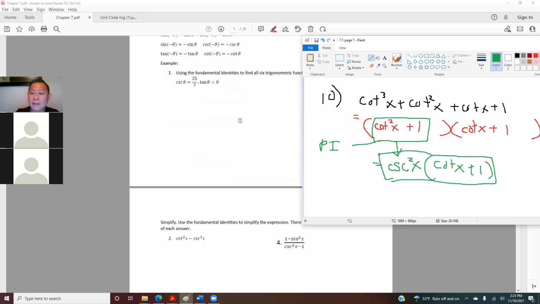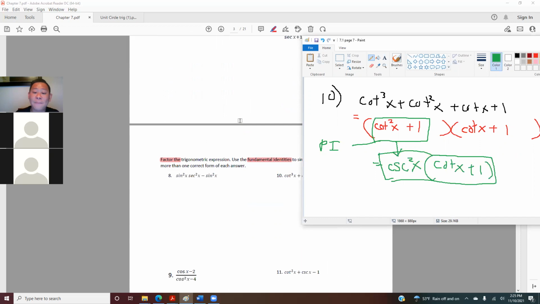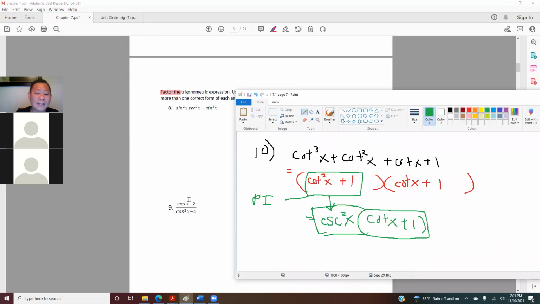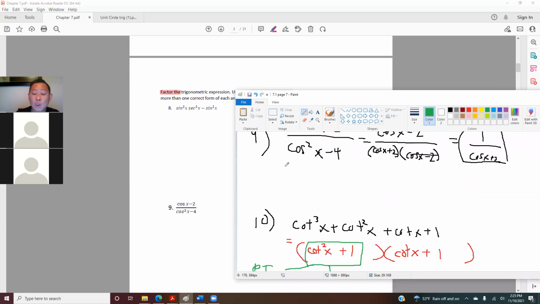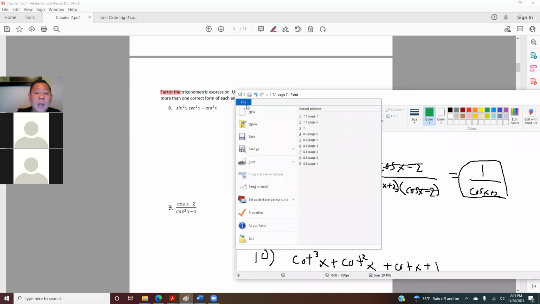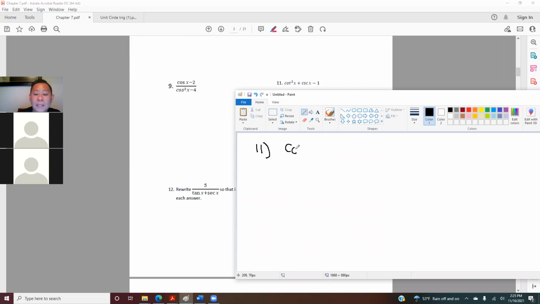So as you know, if you find out every single one of these is the same trigonometric function, like here they're all in cotangent and here they're all in cosine, you do not need to change them because they all are the same. But if you look at question number 11, number 11 here will have cotangent square x plus cosecant x minus 1.